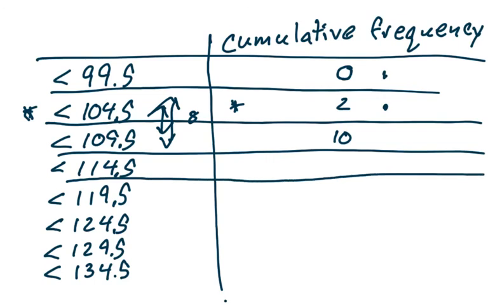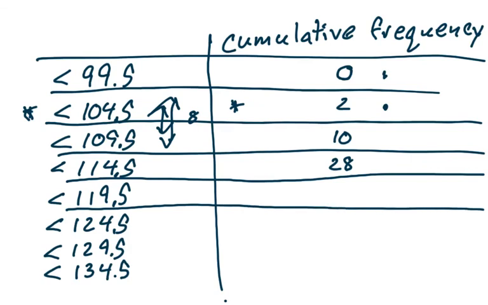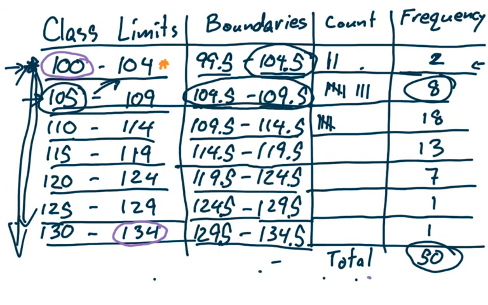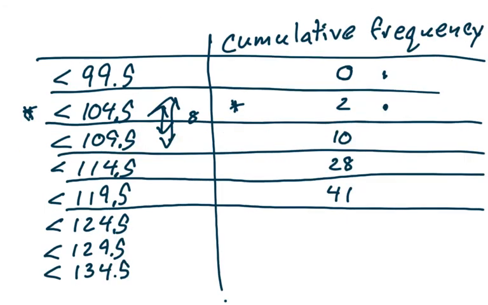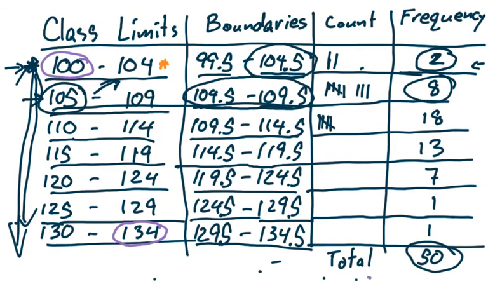Going on, we take each of the frequencies from our grouped frequency distribution. To get the very first value, we start with 0. The next value is 2. Where I got this 10 from, that came from the 2 plus the 8.